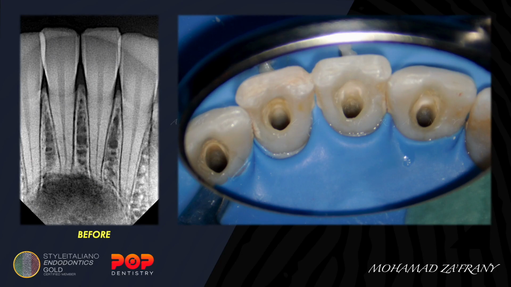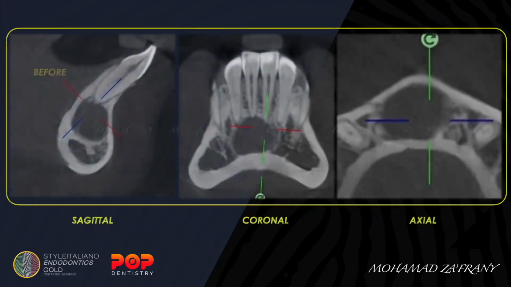This is a case of a large lesion related to the lower four anterior teeth. It was a long-standing lesion, so after a sensibility test, the four teeth responded negatively, so they were necrotic. And then we decided to do root canal treatment on all four anterior teeth. Here are selections from CBCT to evaluate the actual size of the lesion.